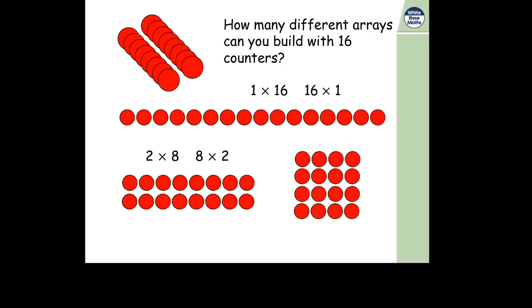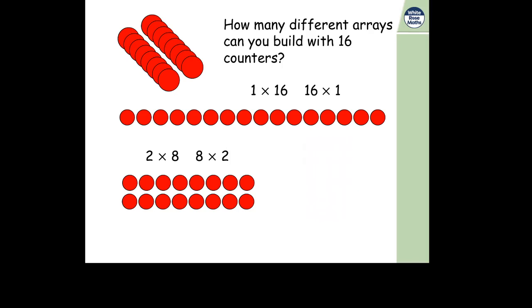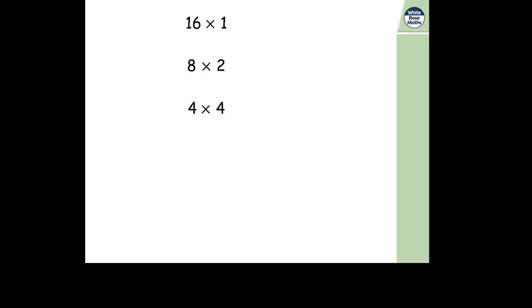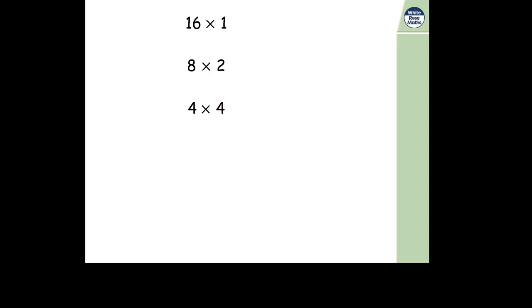Why couldn't we have done it like that? Because they're not equal groups. So we had to put it in groups of 4. 4 groups of 4. Now that's the same both ways, so that's why there's only one answer. So there, 16 times 1, 8 times 2, and 4 times 4.